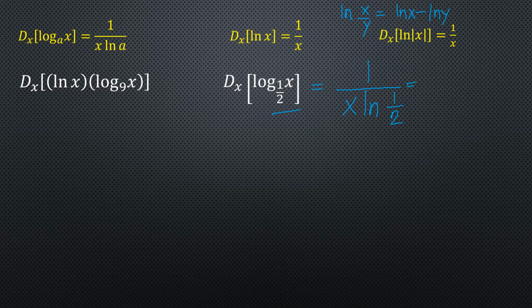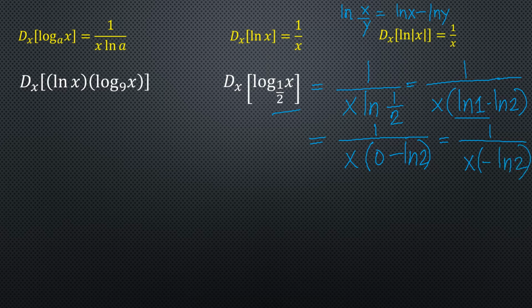So we can express ln of 1/2 as ln of 1 minus ln of 2 to follow the rule. And since ln of 1 is simply 0, we have 1 over x times 0 minus ln of 2. And that will become 1 over x times negative ln of 2. So our final answer is negative 1 over x ln of 2.